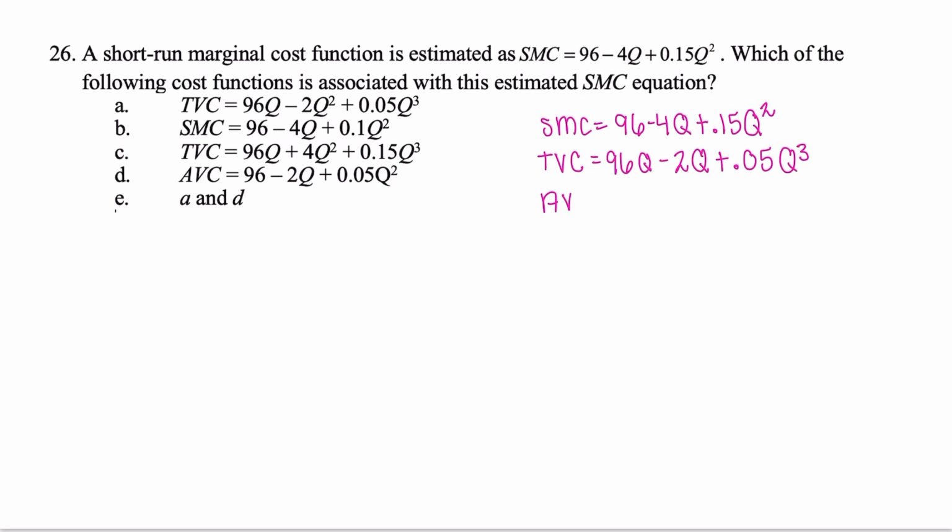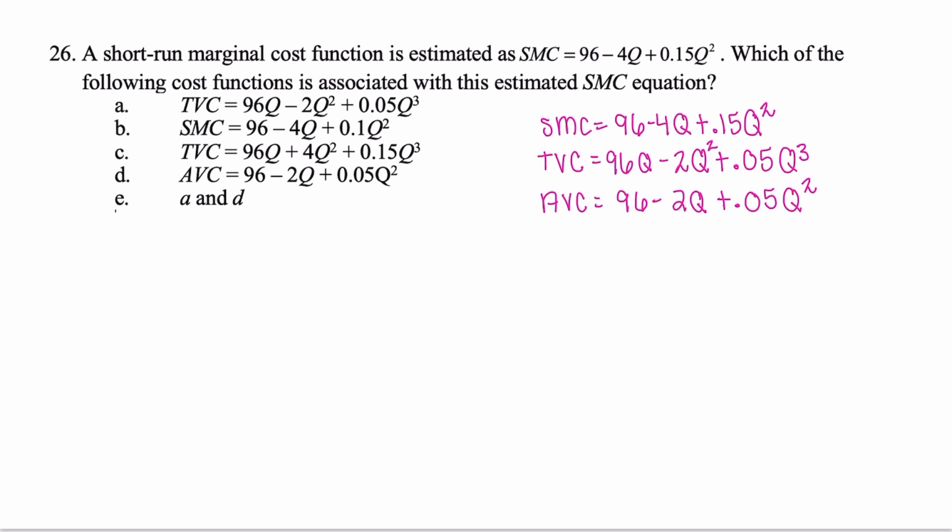And then our average variable cost is going to be 96 minus 2Q plus 0.05 Q squared.